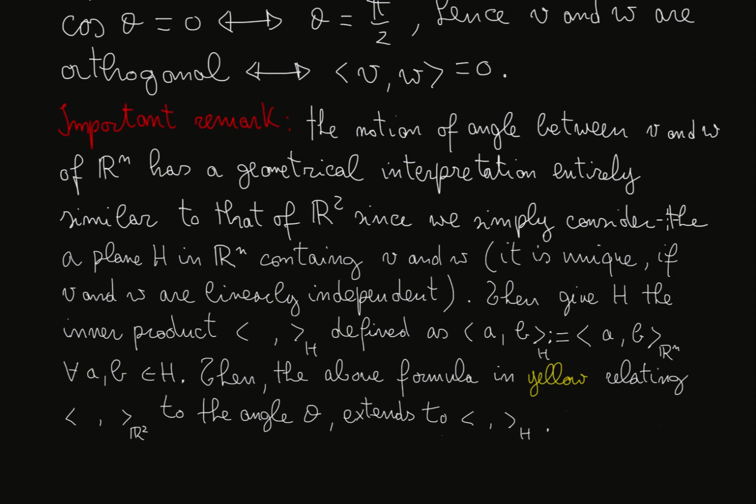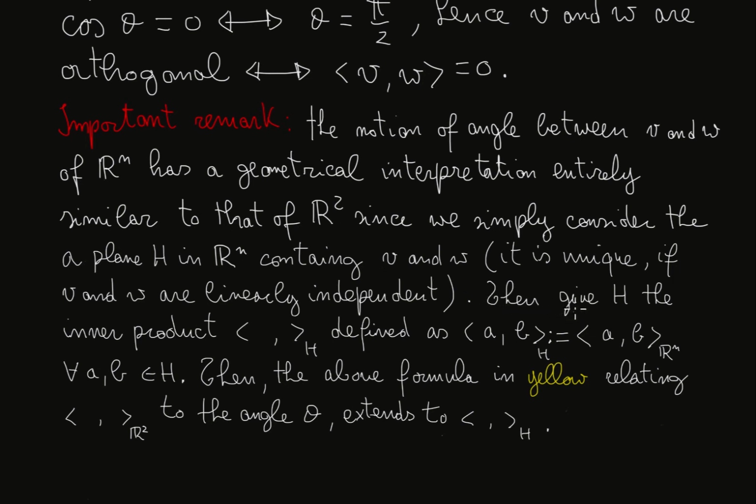We can simply consider a plane H in Rn containing v and w. Now this plane containing two vectors of Rn is unique if and only if v and w are linearly independent. If they are not linearly independent, just take any plane containing both v and w.